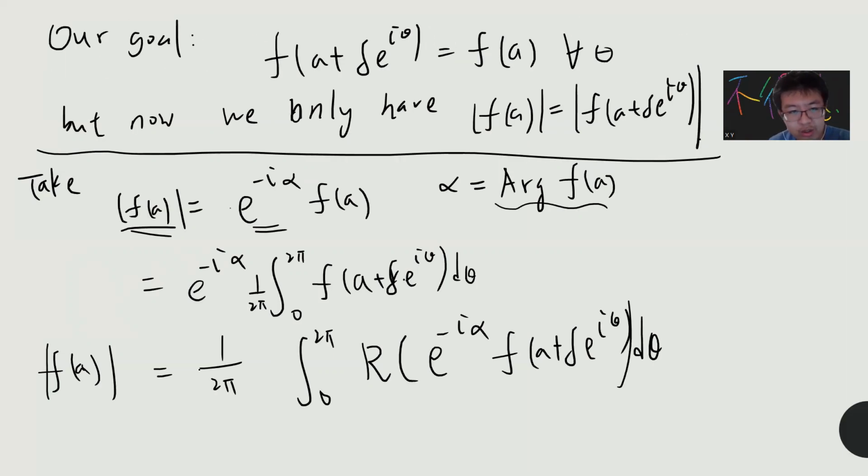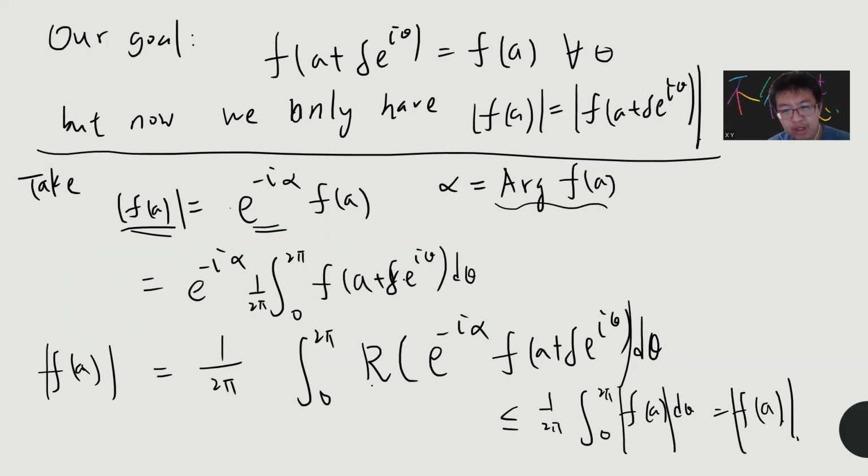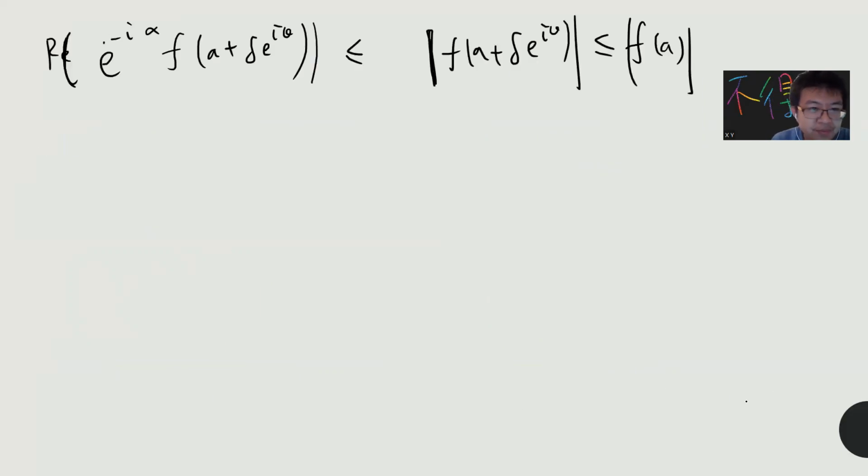So this term is less than or equal to the integral from 0 to 2 pi of 1 over 2 pi times the modulus of f of a, d theta. That means that, by the previous argument, this part must be equal to the norm of f of a.